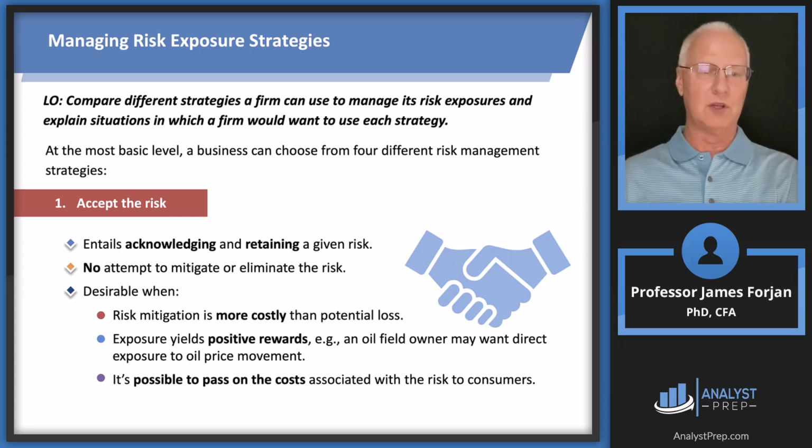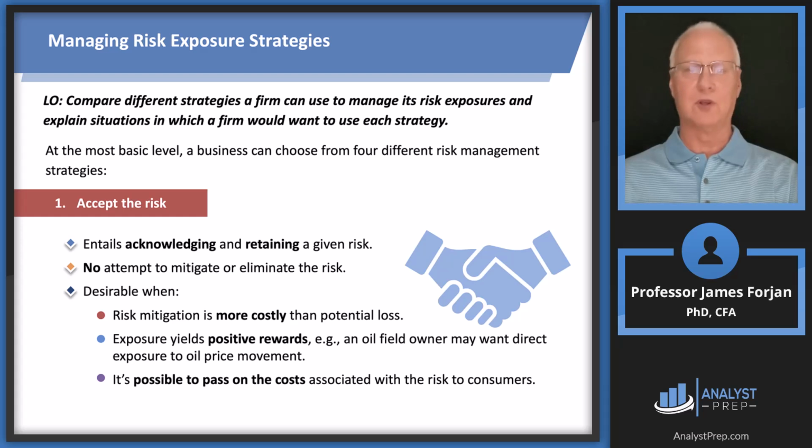The idea, and I want you to look at that first bullet point down there, is when we accept the risk, we need to go ahead and do our regular old marginal cost, marginal benefit. A lot of times, that potential loss is less than whatever risk mitigation strategy that we're going to pursue.